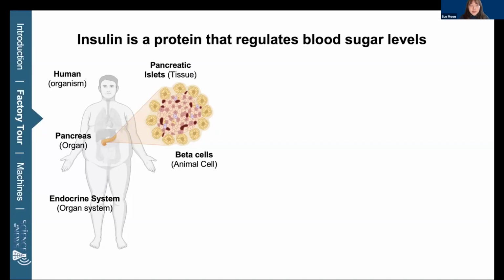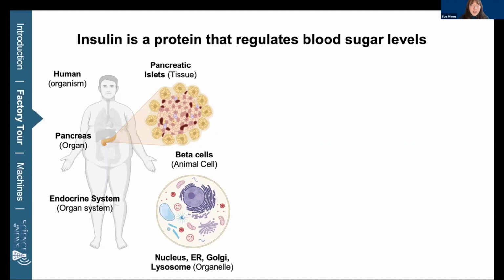And plants have a different type of cell. And in an animal cell, there are many organelles, membrane-enclosed structures that carry out its unique functions. And today you're going to hear a lot about organelles, especially the nucleus, the endoplasmic reticulum, or in short, ER, and Golgi apparatus, or in short, Golgi, and lysosomes.